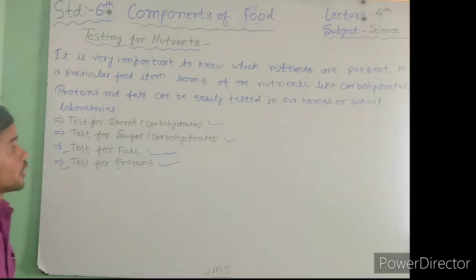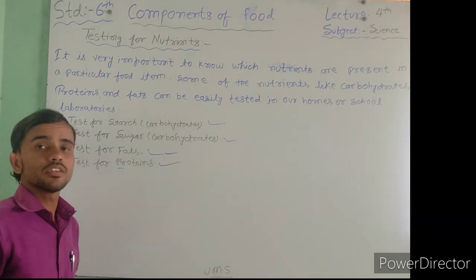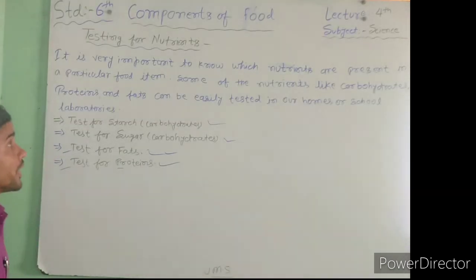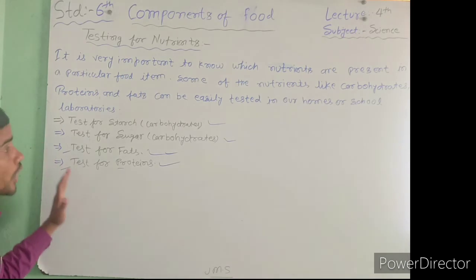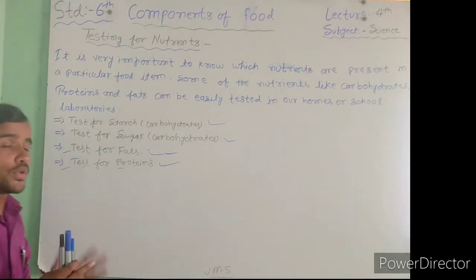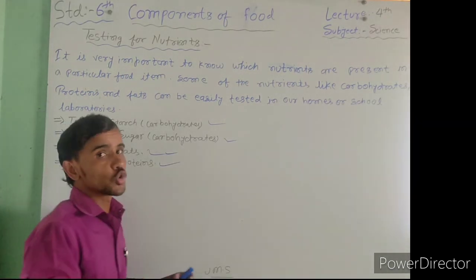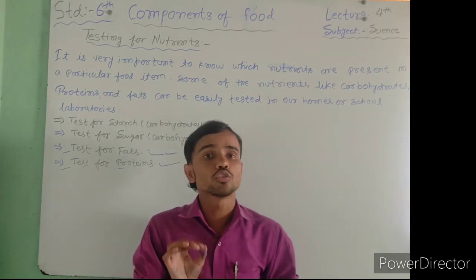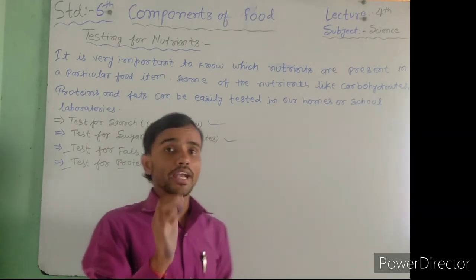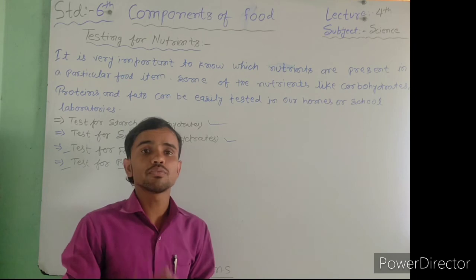Today's topic is finished, and next day we will discuss our next topic. First write down all the topics and the content we have covered, by the figure and my voice, in your copy. And you can also use these tests at home.